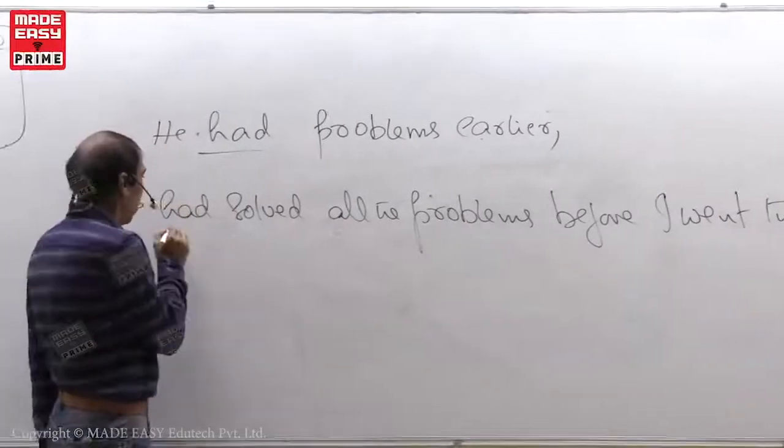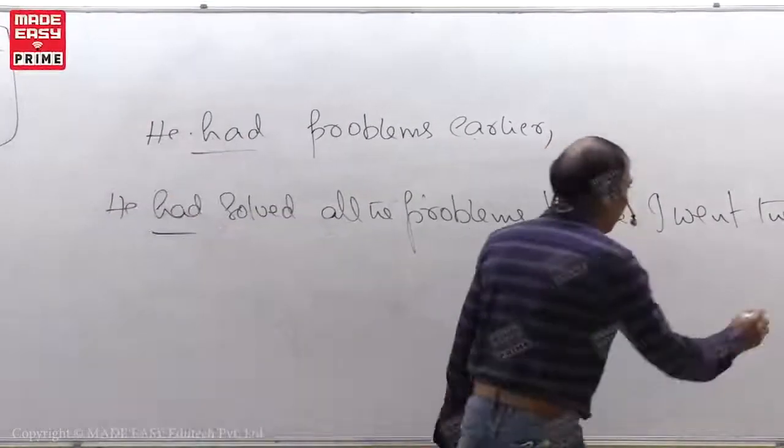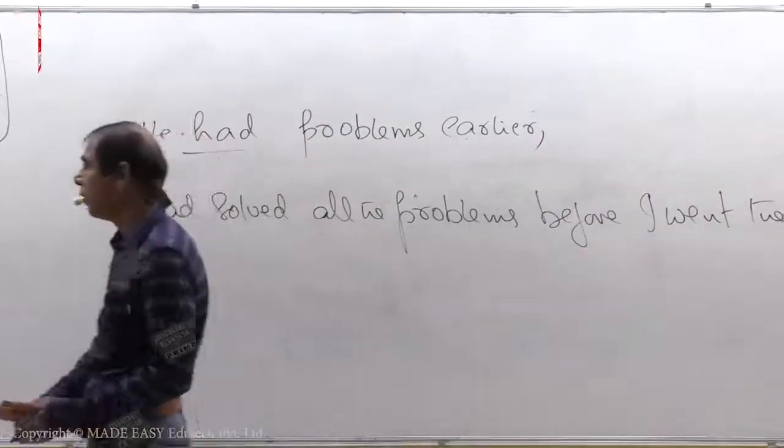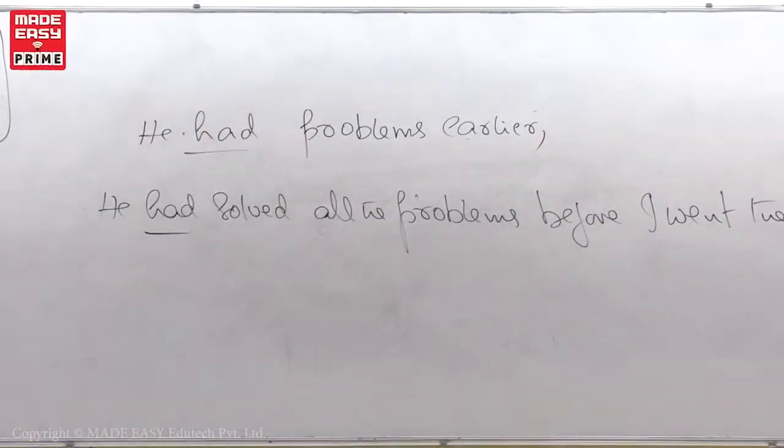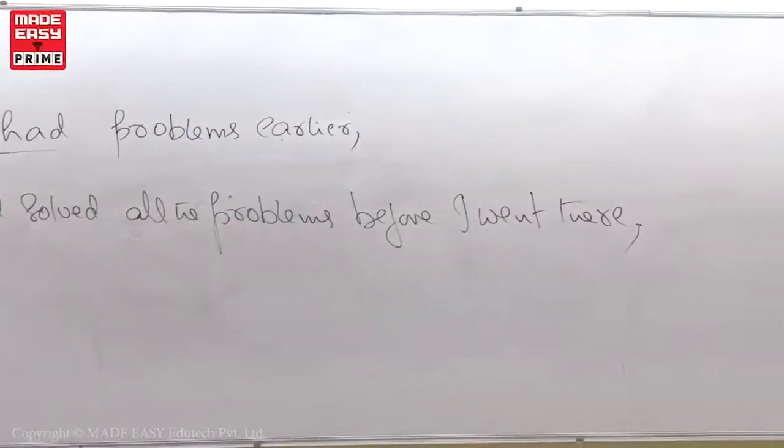First you identify what is had in the first sentence, what is had in the second sentence. Just think. Very easy. Depending on the meaning, or else go with the technique.